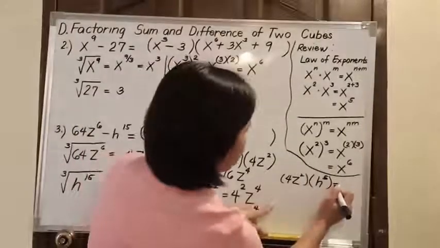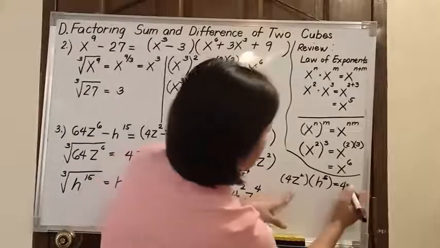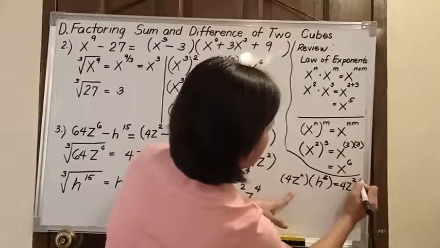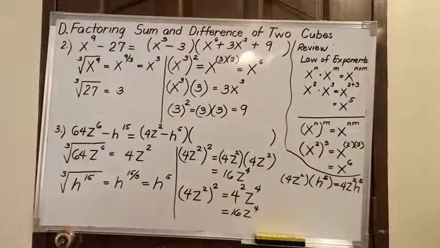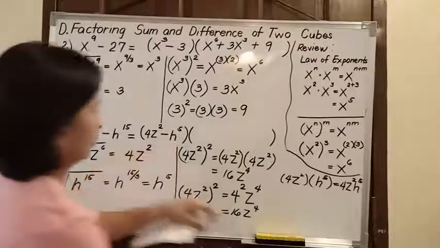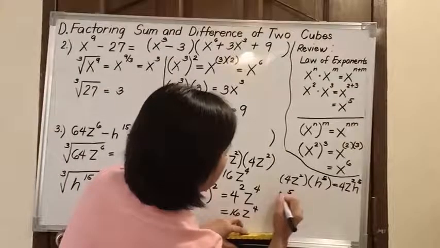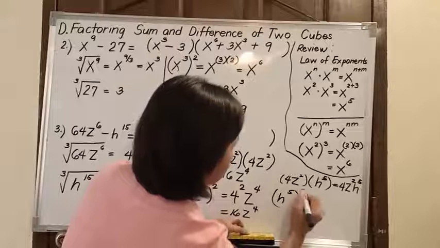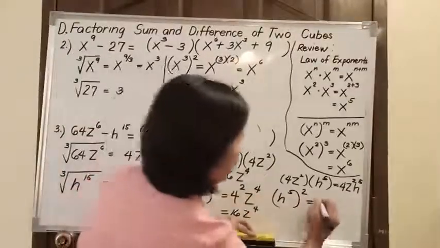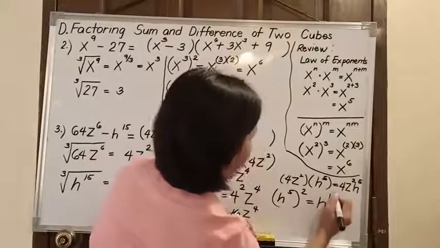The product of the two terms is 4z squared h to the 5th power. And then the last is to get the square of the second term. Our second term is h to the 5th power. Getting the square of this, multiply 5 by 2, we have h to the 10th power.